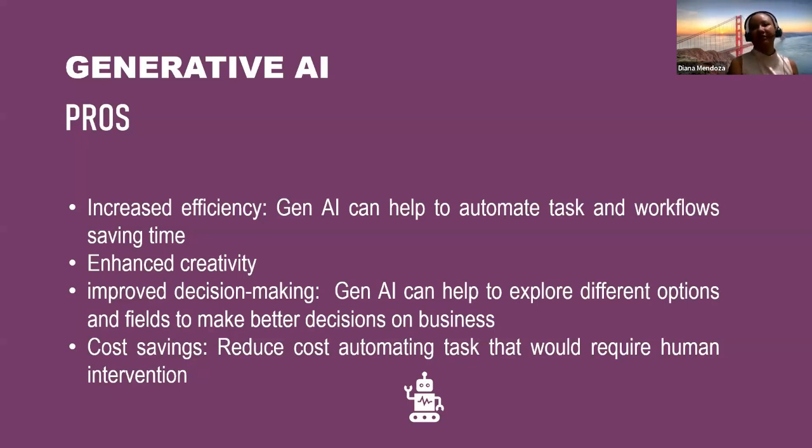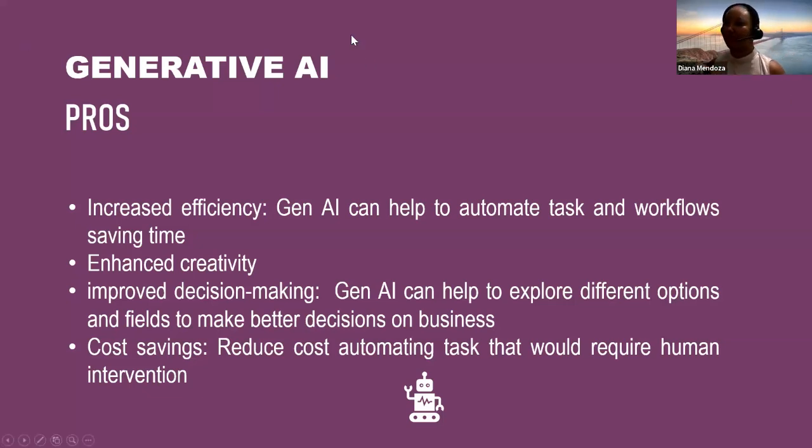So you are saving the cost of hiring a person and training a person. These are the kinds of savings that can enable a business to put the money in more critical areas.